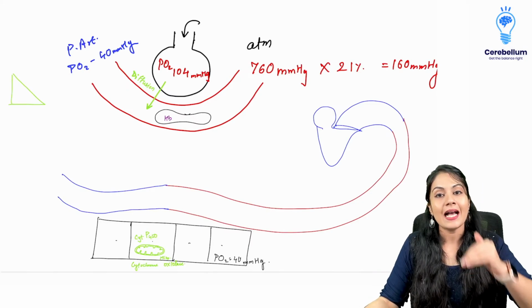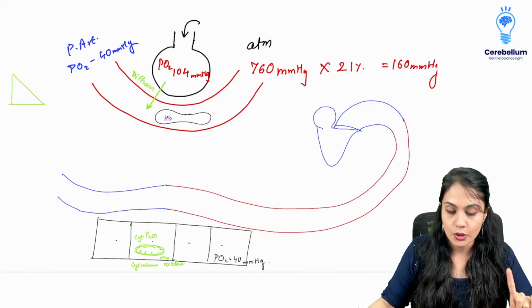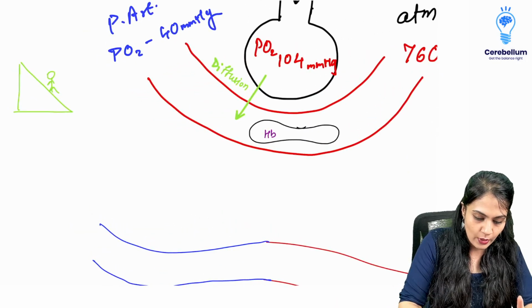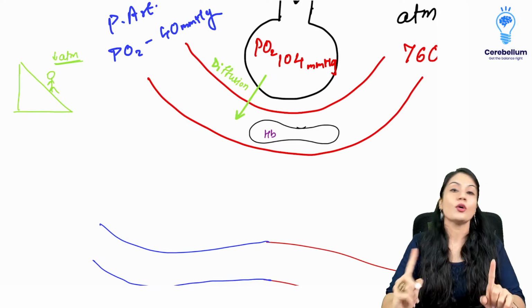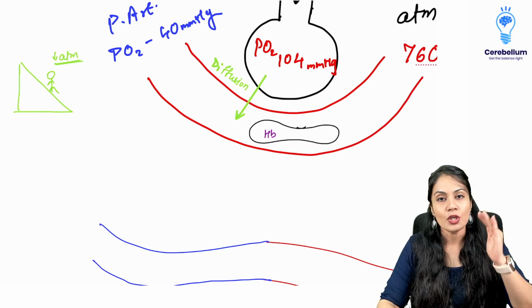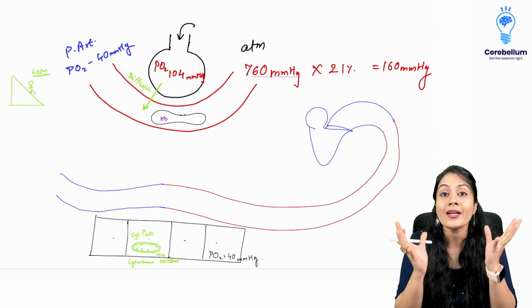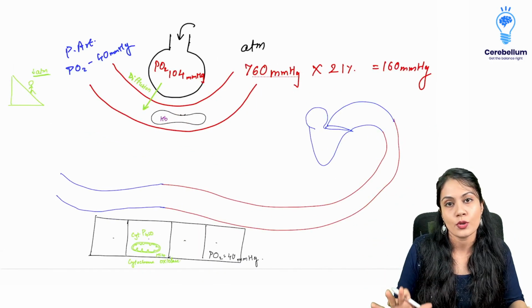That means as the person is going to go on the high altitude, what is going to happen? The first thing that is going to occur is the atmospheric pressure is going to decrease, not the concentration of the oxygen. Atmospheric pressure decreases, and according to Dalton's law, I know that the overall content of the oxygen in the atmosphere is going to decrease.